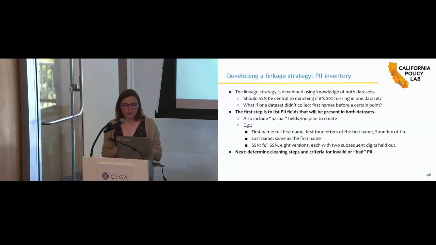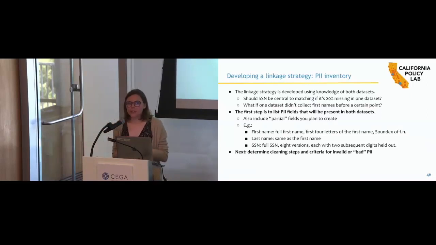So I'll go over just what we mean by the PII inventory. So the first thing is just to determine what information do I have that's common in both data sets. So if I have Social Security in one data set but not another, I'm not going to be able to use that to link. And once you have the actual list of fields, you also want to be thinking about the quality of those fields and how much you trust it.